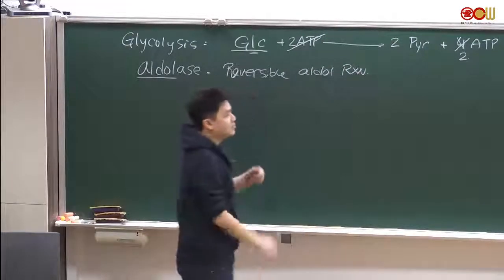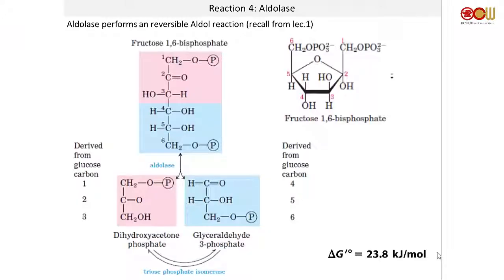The two products are shown on the screen, one being dihydroxyacetone phosphate on the left, and the other one is glyceraldehyde 3-phosphate, where glyceraldehyde is the aldehyde, and dihydroxyacetone is the ketone, the carbonyl that will have a deprotonatable alpha proton, okay?